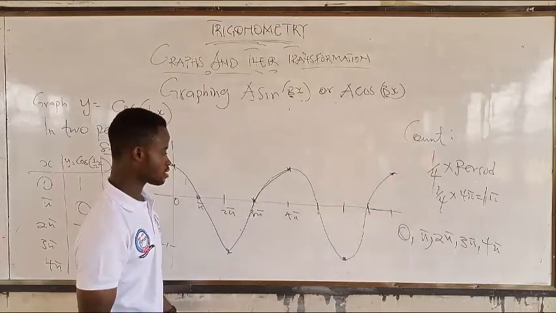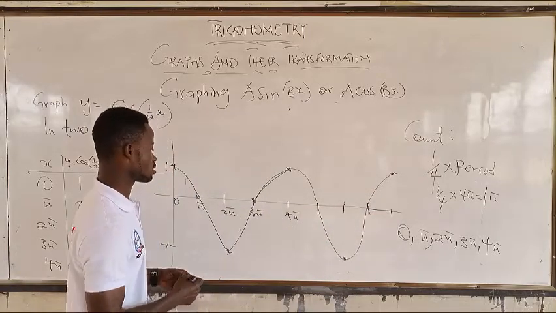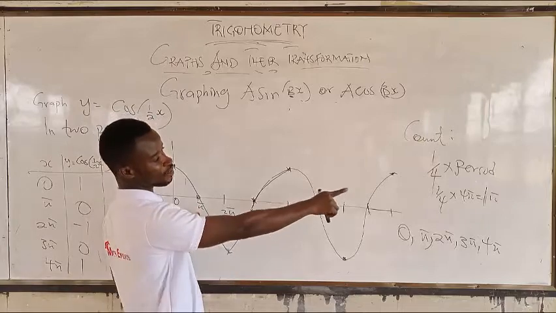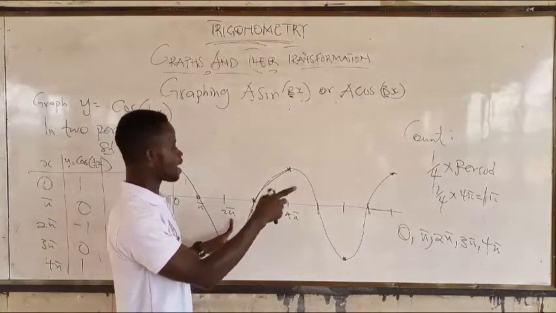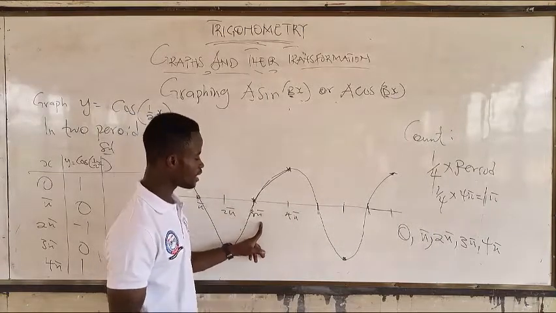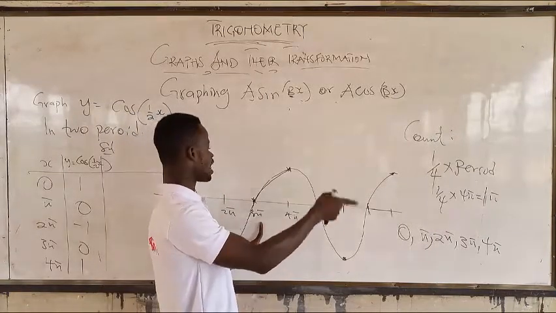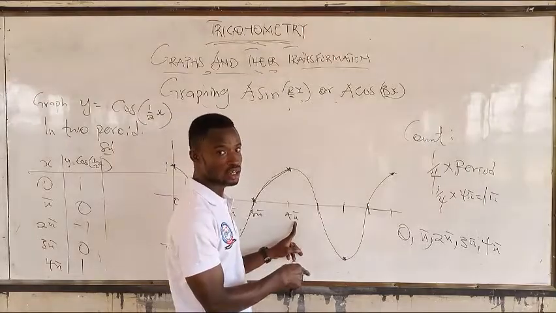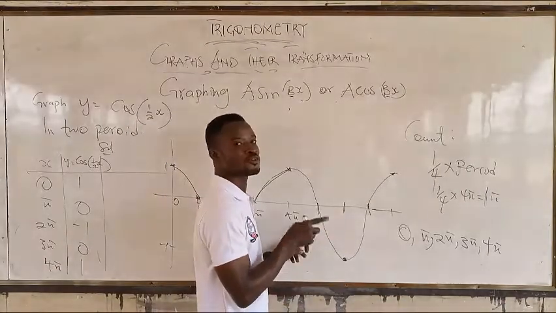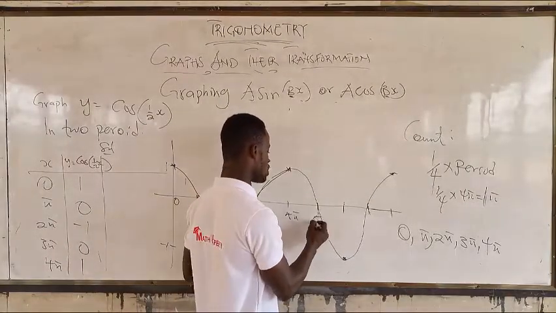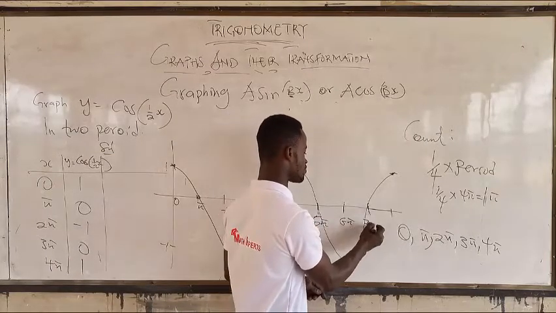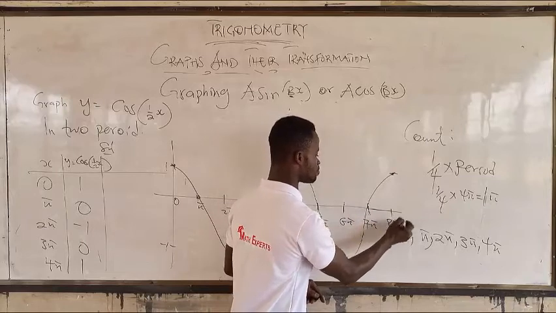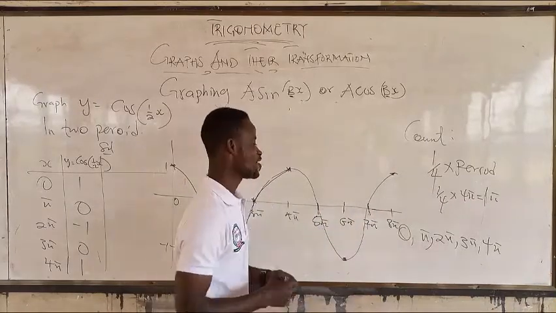We are adding pi. So pi plus pi, you get 2 pi. 2 pi plus pi, you get 3 pi. 3 pi plus pi, you get 4 pi. Let's move on. 4 pi plus pi, so here will be 5 pi, here will be 6 pi, here will be 7 pi, here will be 8 pi. Hope you can see that.